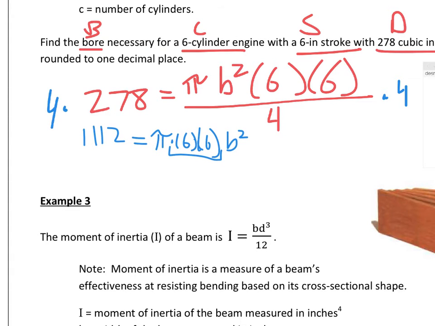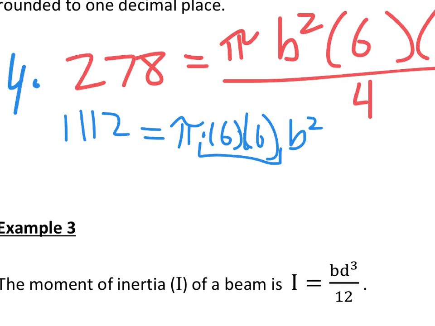Now, pi is a number that you probably have some experience with. It's about 3.14159. It never ends and never repeats. Let's leave it alone for now. This is 6 times 6. That's 36. We can do that. Pi B squared.